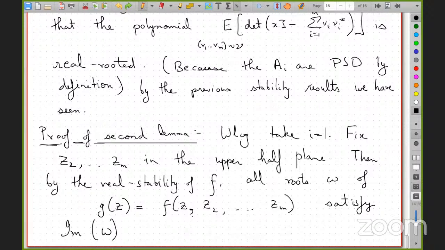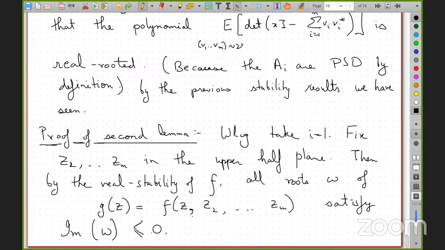Less than or equal to 0. In fact, they should also satisfy less than 0. But let's just stay with this. This should also satisfy less than 0.